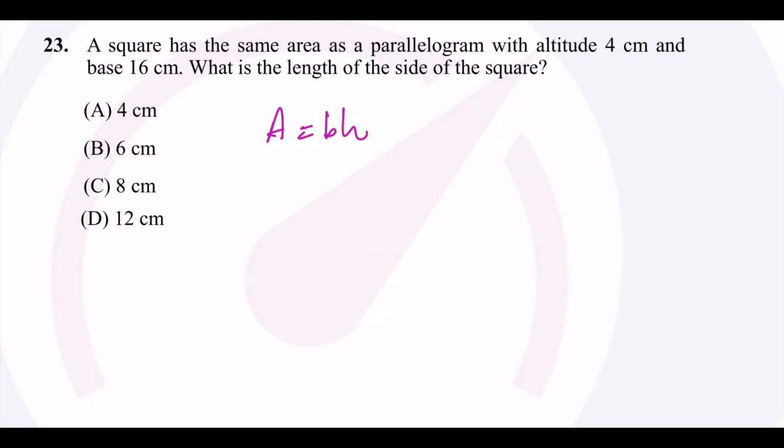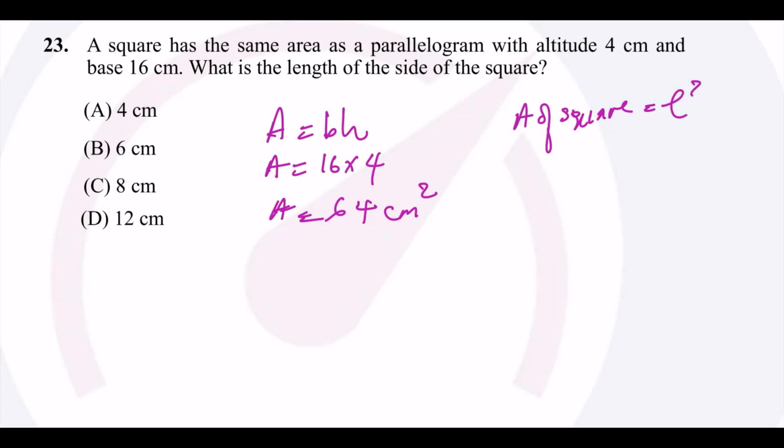So the area is equal to the base, which is 16, times 4. 16 times 4: 4 times 6 is 24, carry 2, 4 times 1 is 4, and 2 will give me 64. So the area is 64 centimeters squared. Now the area of a square is L squared.